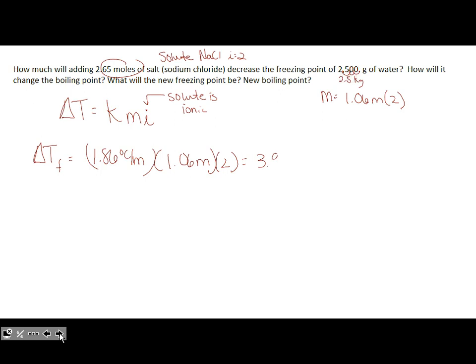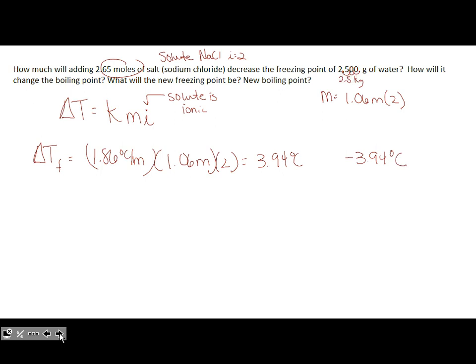So we're going to get 3.94 degrees Celsius change. We know that it's freezing point depression, so the normal freezing point is 0 for water. That's our solvent. The new freezing point is negative 3.94.